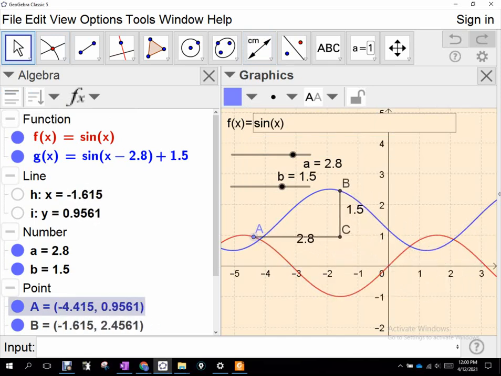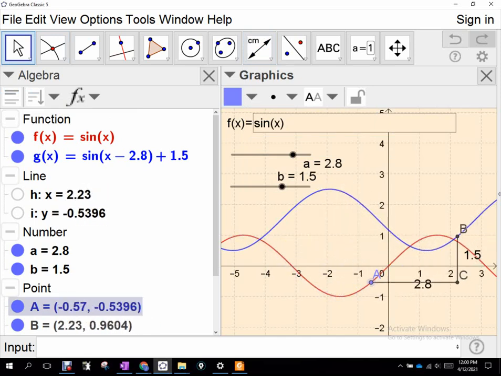Does that kind of make sense to everybody? Okay. And that's a transformation.